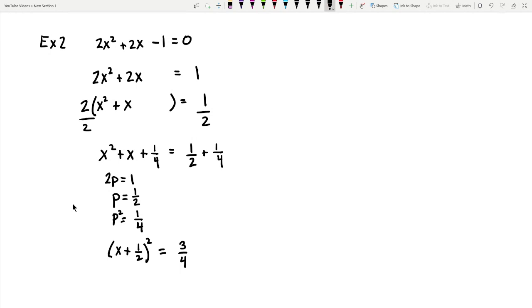And now I can solve this equation. May as well finish it off. So (x + 1/2) squared equals 3/4. So I have to square root both sides of this.